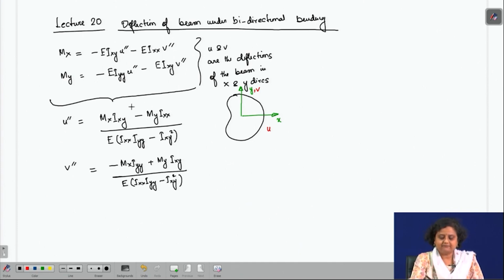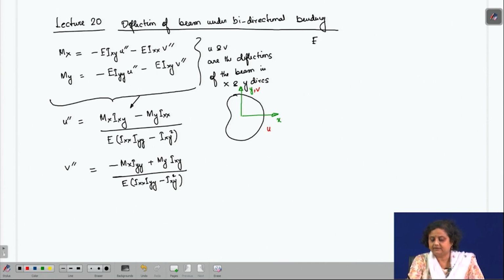I can just derive these two equations from the above equations. Once I get this, I can obtain u and v in terms of the applied moment and the sectional property of the cross section, and thereby find the deflection of the beam in x and y direction. So, let us do a small example and see how we can solve the problem.